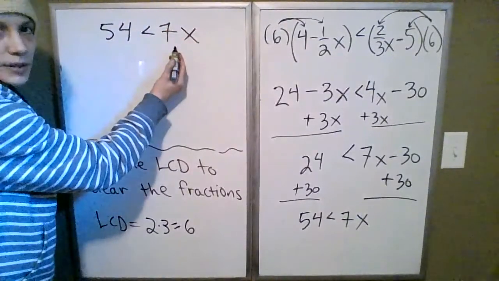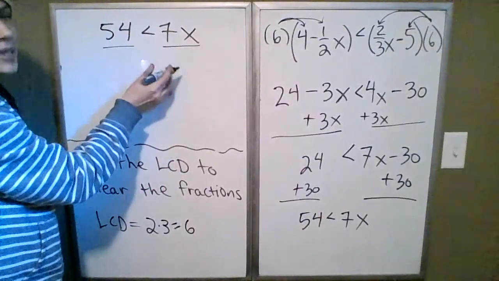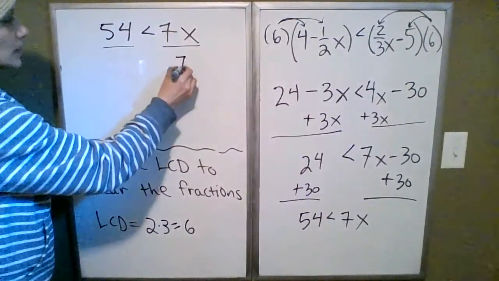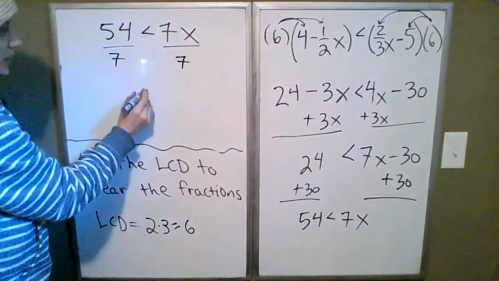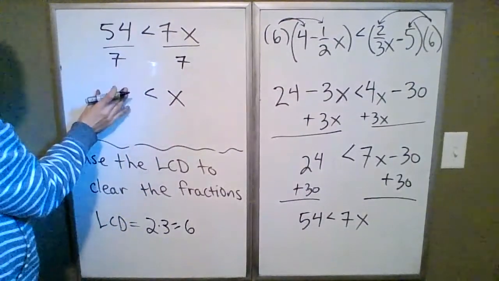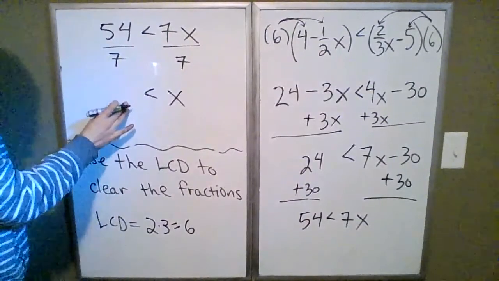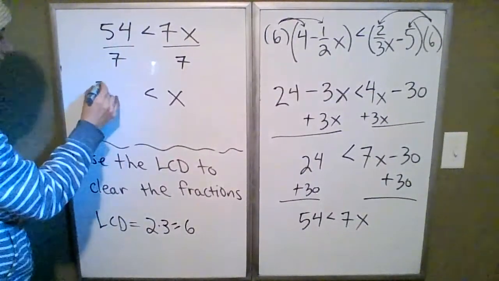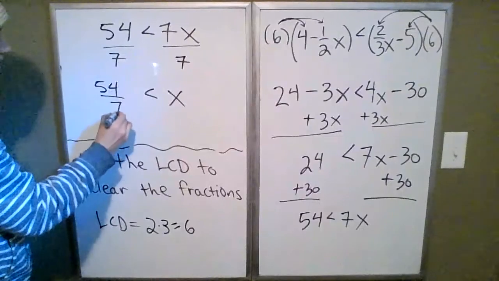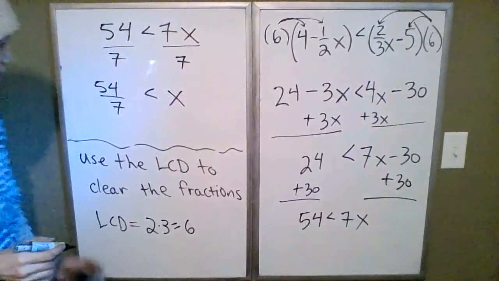We're going to divide both sides by a positive 7, so you don't have to flip the sign. It's only for dividing by negative numbers. It's positive, just copy the sign. This is x. Well, you left it as 54 over 7, which is about 7.7.